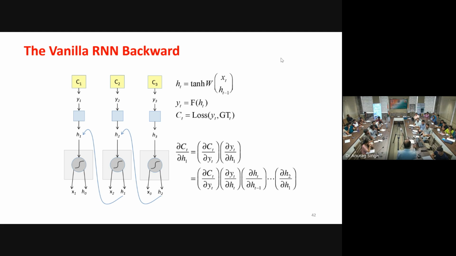But even if you choose eta to be small, the size of this delta W function is still of order 10 to the minus 1, and multiplying many 10 to the minus 1 order terms can give rise to a very small value. It will vanish. I think this particular part must have been told in the deep learning architecture. That was the main problem. The multi-layer perceptron theory was there prior to 2000.